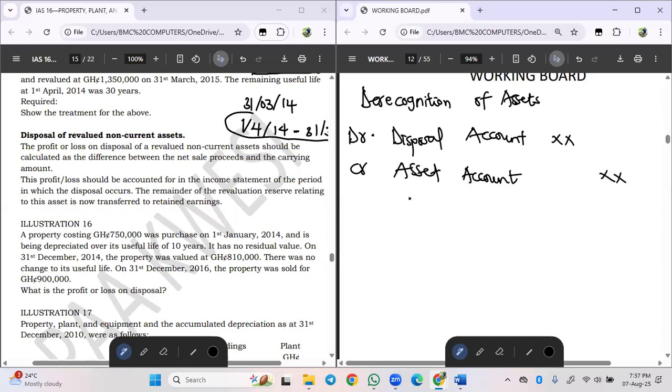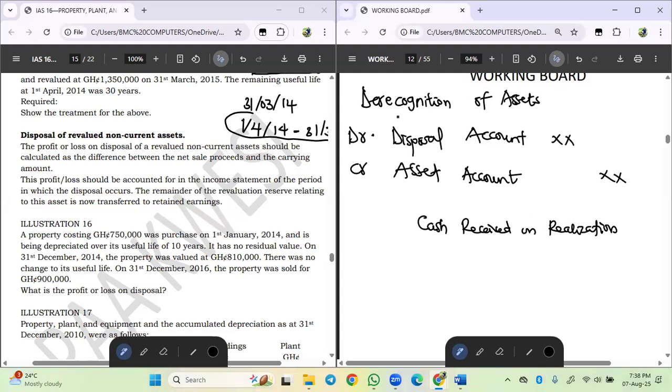Then the cash received on realization. That is when you dispose of the assets, the cash that you receive. When you are disposing, there are two things: the asset is going out, cash is coming in.